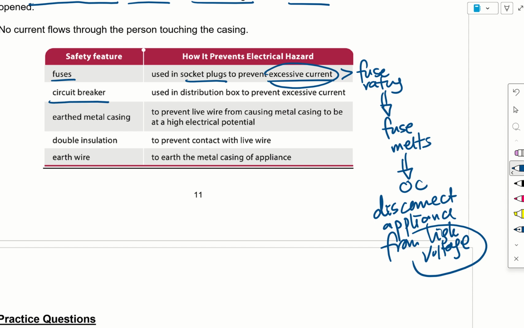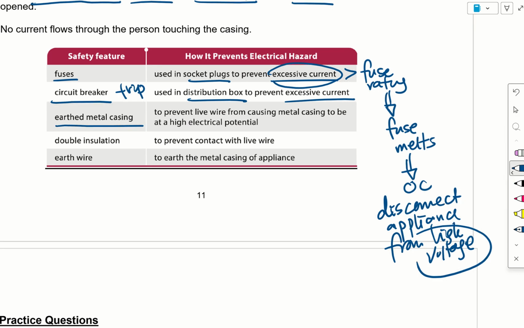Next one is circuit breaker. So it's used in distribution box again to prevent excessive current flowing. So the circuit breaker, instead of melting, it will trip when the current exceeds the working current. Okay. Then we have the earth metal casing. So this is to prevent the live wire from causing the metal casing to be at a high potential, right?